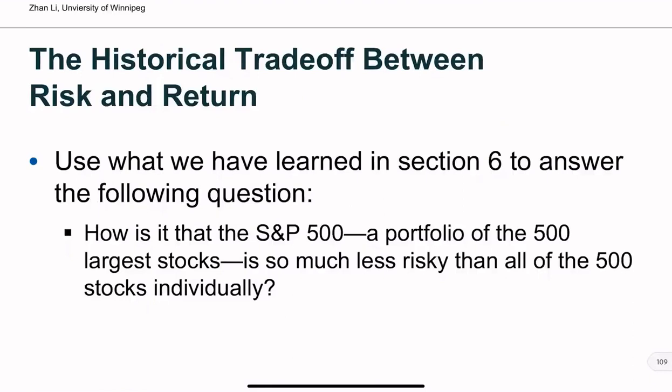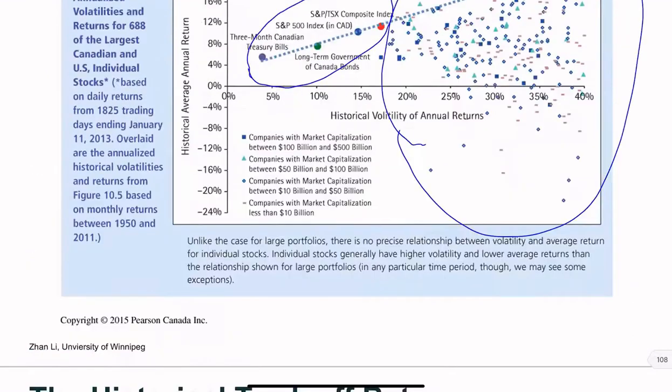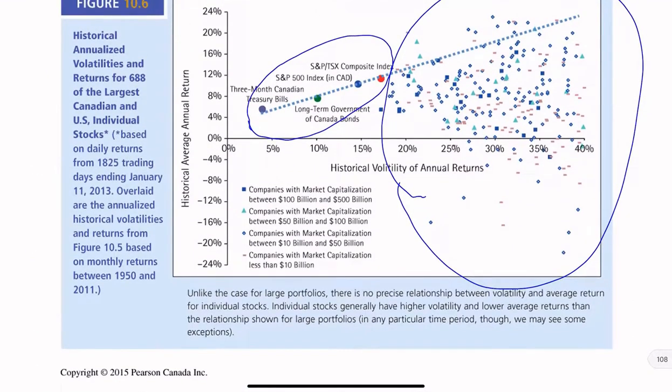So you can see that we have the individual stocks on the right-hand side, and on the left-hand side, we have these portfolios. So this is the S&P 500. These are individual stocks. So why is the S&P 500 portfolio much less risky compared with individual stocks?